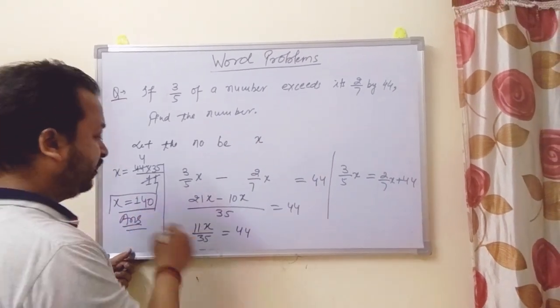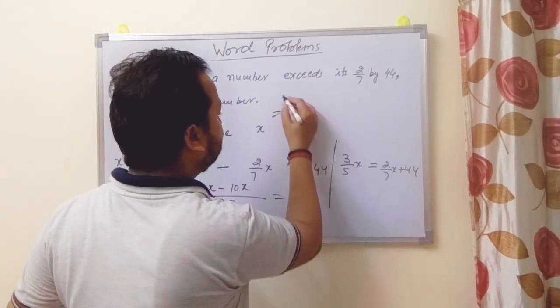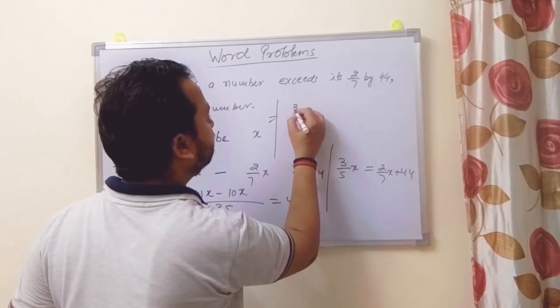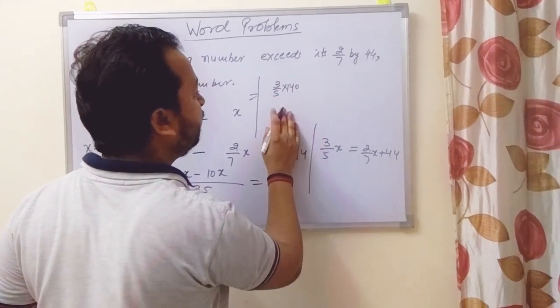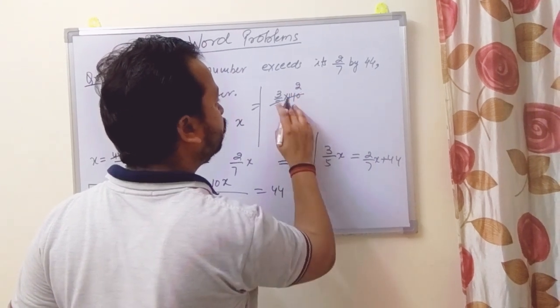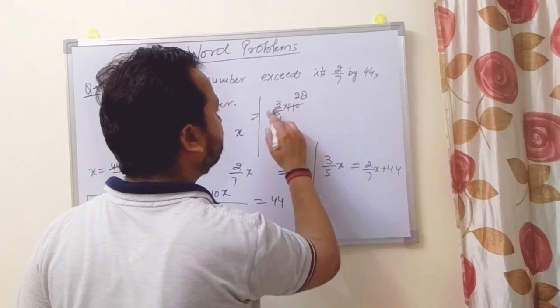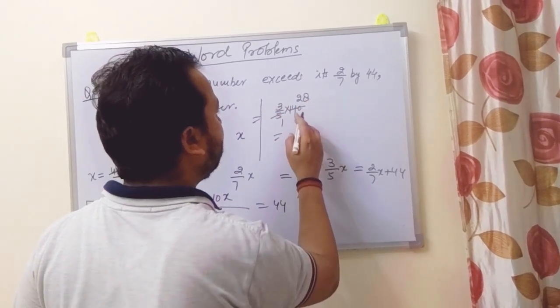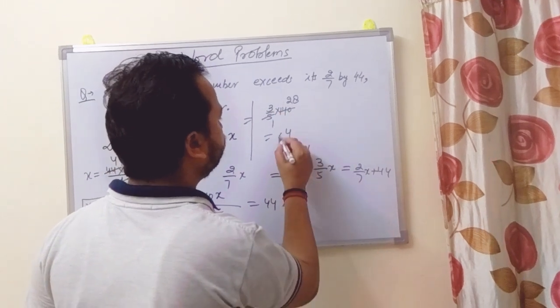You can check this answer by putting in the values: 3 by 5 of 140, that is 5 ones are 5, 5 twos are 10, 5 eights are 40, and 3 eights are 24, carry 2, 3 twos are 6, 2 makes 84.